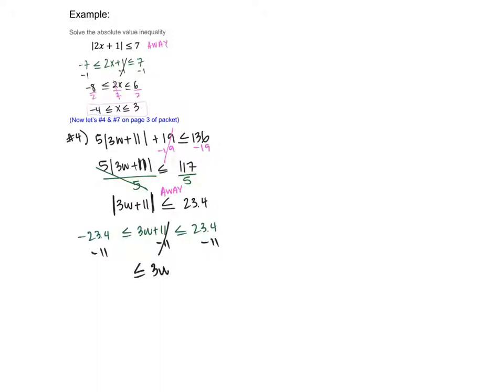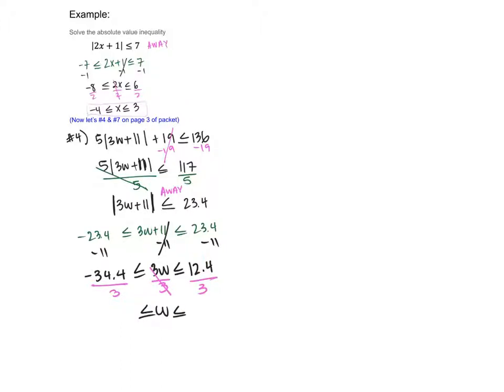So we have 3W. 23.4 minus 11 is 12.4. And then 23.4 minus 11 on this side is going to be negative 34.4. If I divide by 3, that means 12.4 divided by 3.